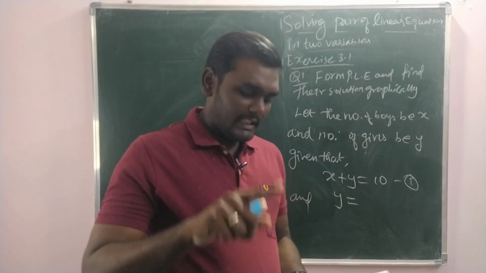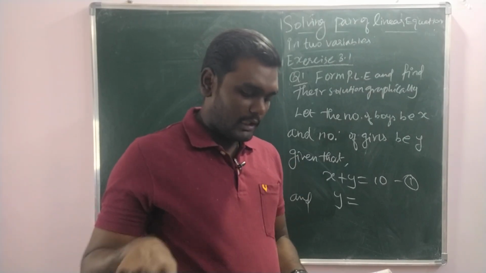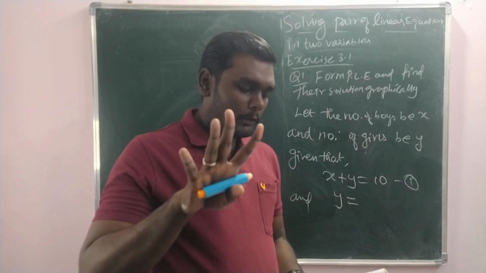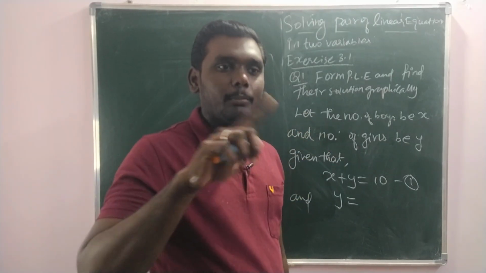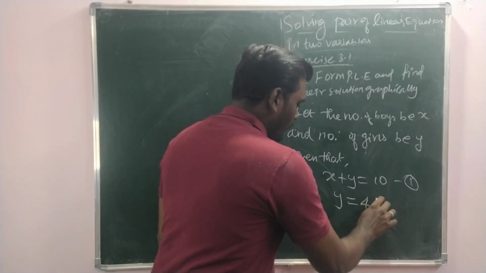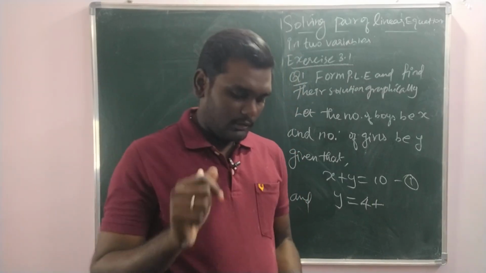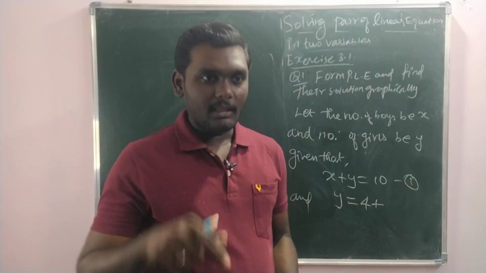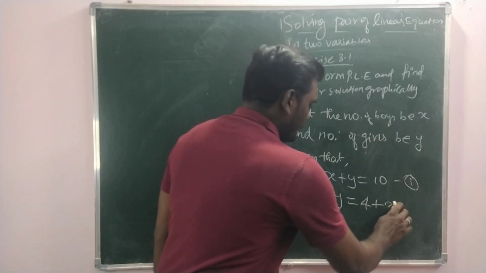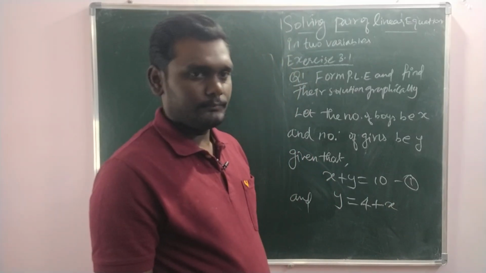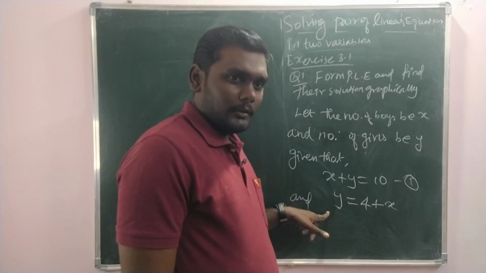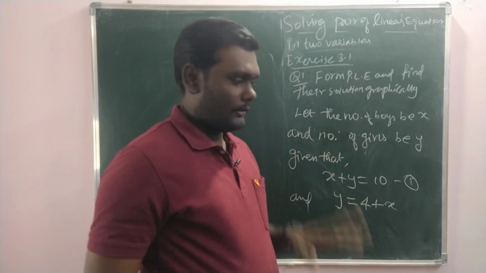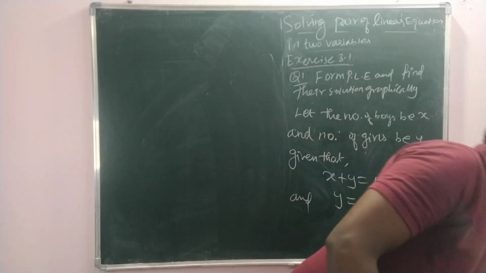The number of girls is, it's a verb, we put an equal sign. 4 more than means it's not 4 into, it's 4 plus. 4 more than what? The number of boys. Number of boys is x. Okay, clear? English class over. Is, was, are, there means equal to. That alone you just keep in your mind.